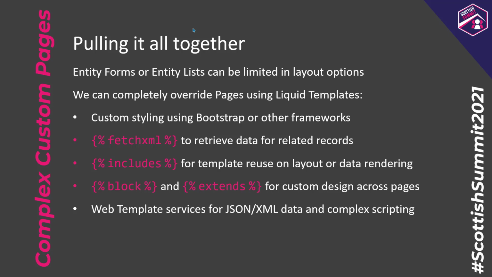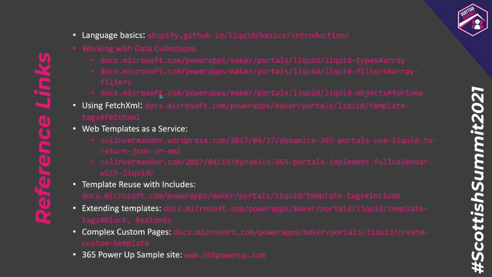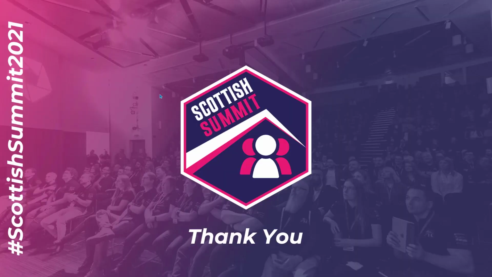We can use includes to reuse functionality across all of our templates, using functions even. We can use block and extend to standardize our layout, but to customize our design and functionality, as well as serve up data within and without our template using web templates as a service, serving up custom JSON or XML data.